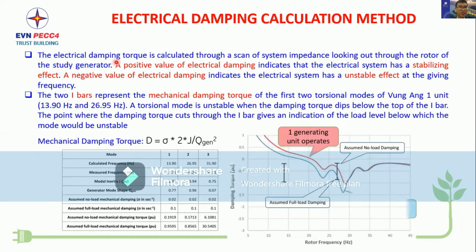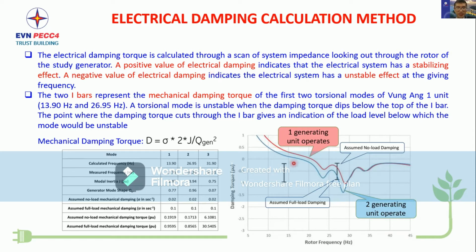The electrical damping torque is calculated through a scan of the system impedance looking out through the rotor of the study generator. A positive value of electrical damping indicates that the electrical system has a stabilizing effect. On the other hand, a negative value of electrical damping indicates the electrical system has an unstable effect at the given frequency.